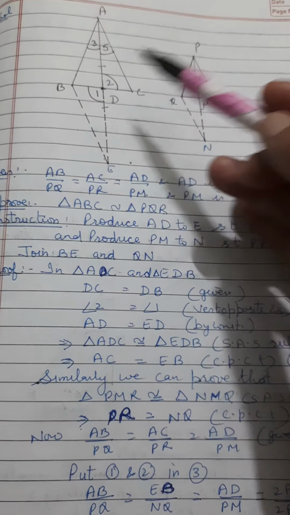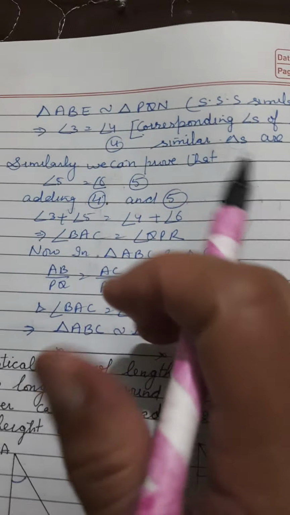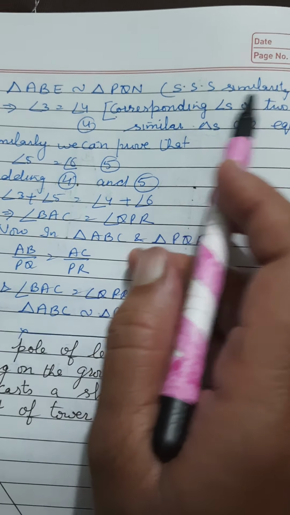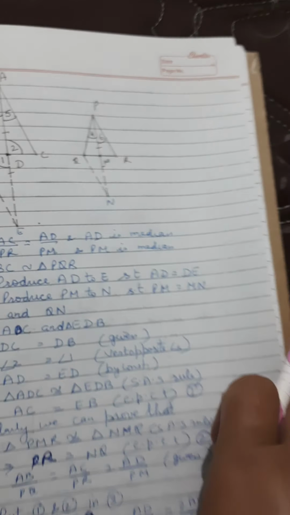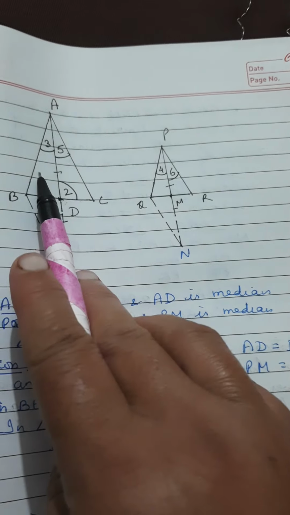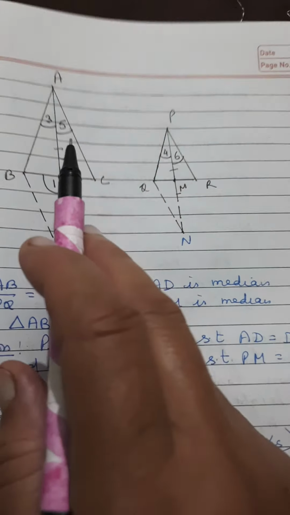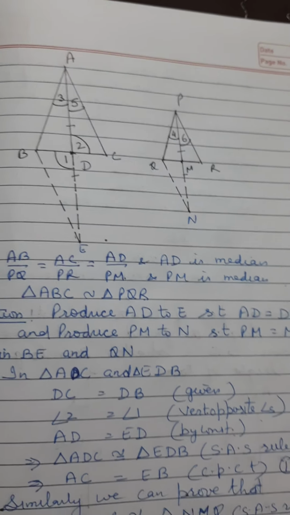From here we get, these triangles are similar by SSS similarity rule. From here we get angle 3 is equal to angle 4. Then we can say that angle 5 is equal to angle 6.